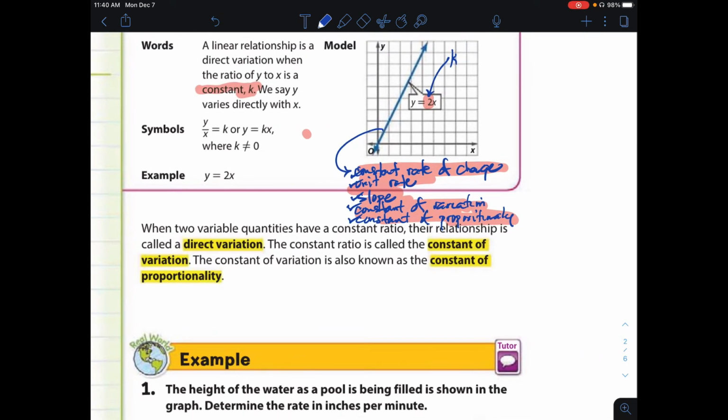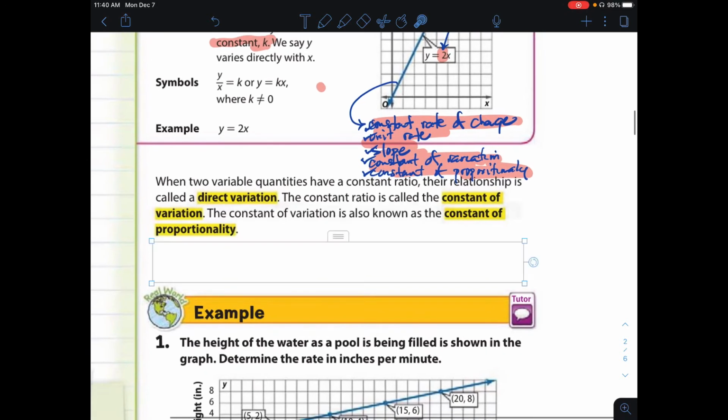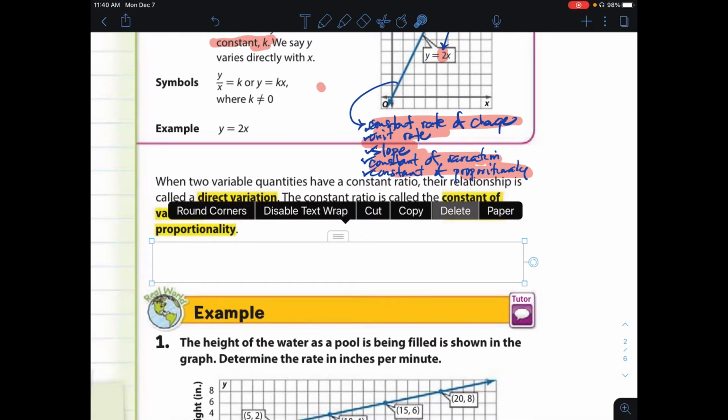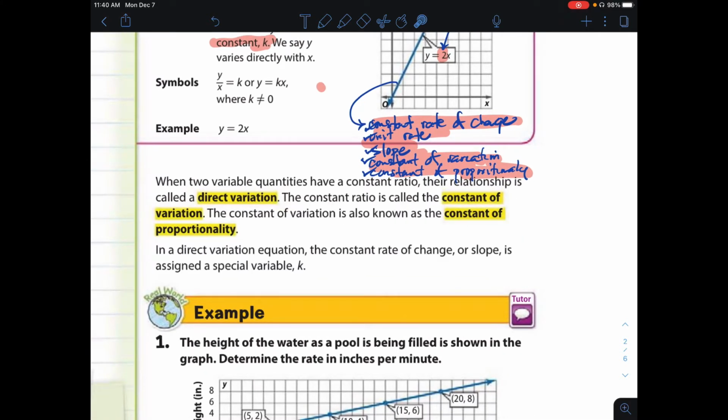So everything is now being combined, all the lessons being combined. You have a straight line, you have a constant rate of change. We know that the straight line that goes to the origin is a proportional relationship. And also, we need to understand that in a direct variation equation, the constant rate of change or slope is assigned as a special variable k.